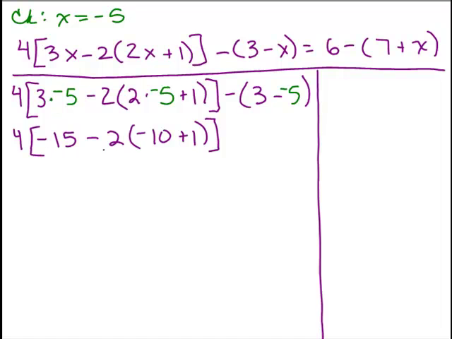All right, so I've simplified inside the parentheses partially. I've done the 2 times -5, and I've also done this 3 times -5. And now, on the right-hand side, 3 minus -5 is the same as 3 plus 5, which is 8. I don't really need to put that in parentheses. I could just put 8.